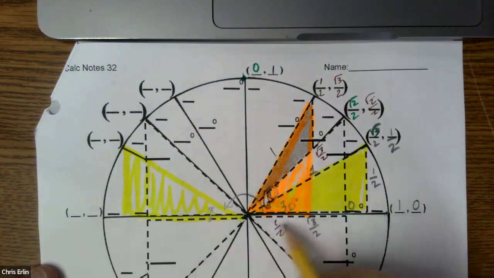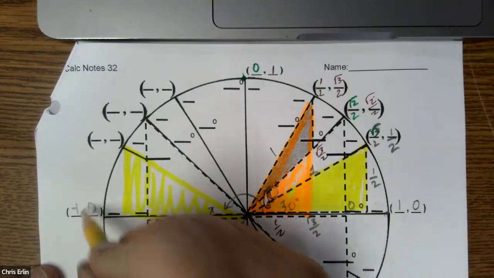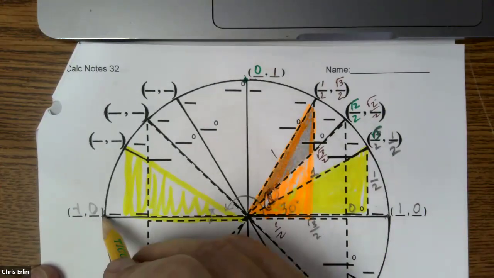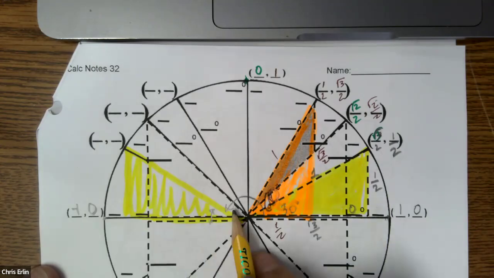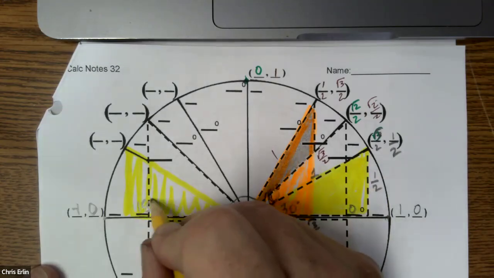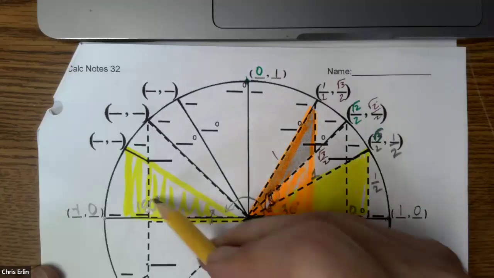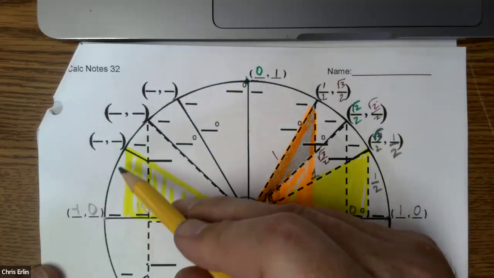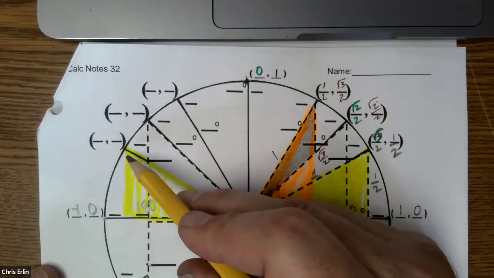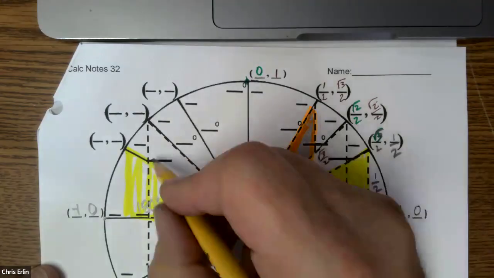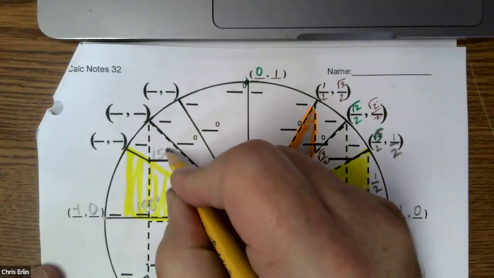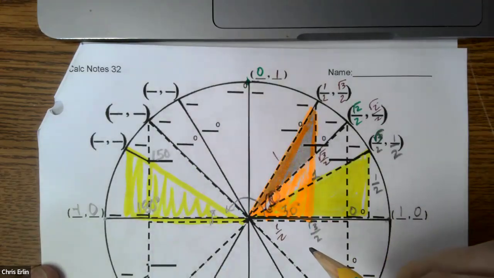So this is the point -1, 0. And how many degrees do we have going to here? Good, 180. Now this yellow triangle is a 30-degree triangle. So if I go backwards from 180 up 30 degrees, what's my degrees here? 180 minus 30 is 150.